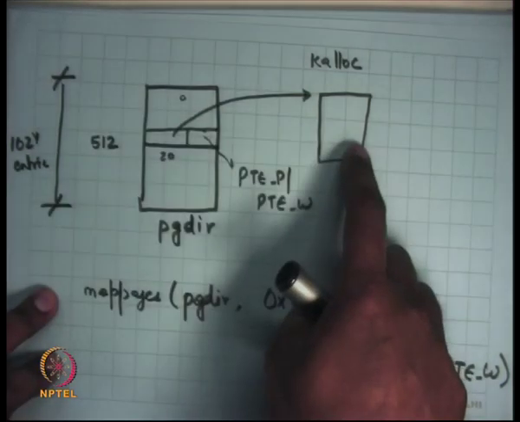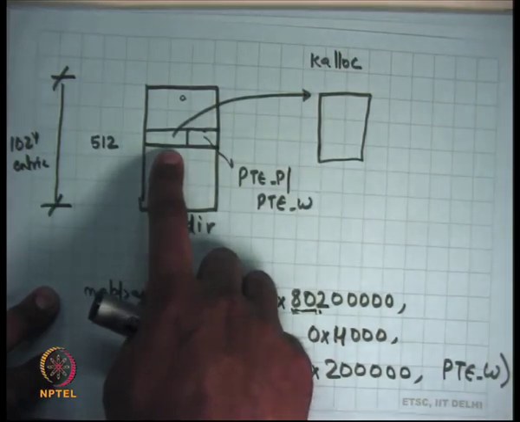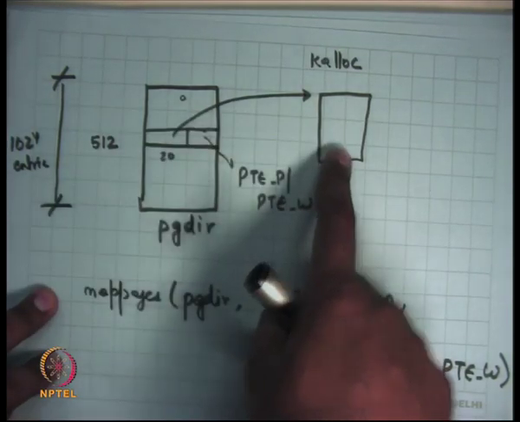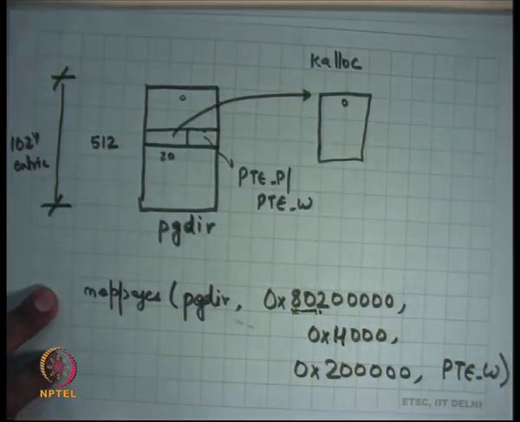So I allocated a page, I converted it into its physical address, put it in its 20 bits, and also zeroed it out, so it's initially completely 0, right.